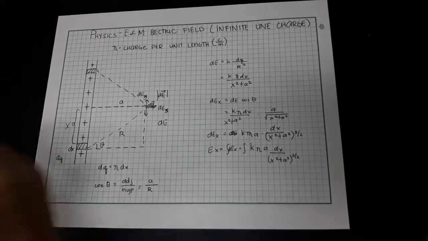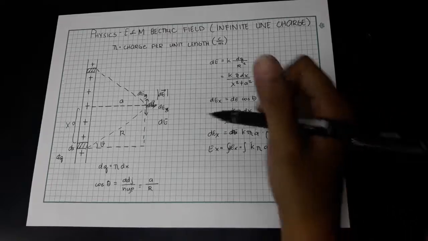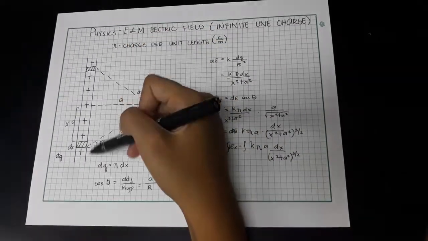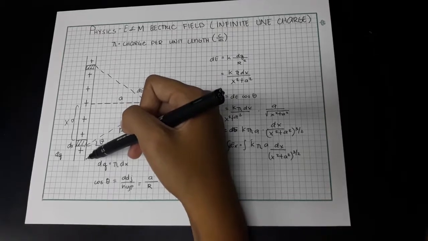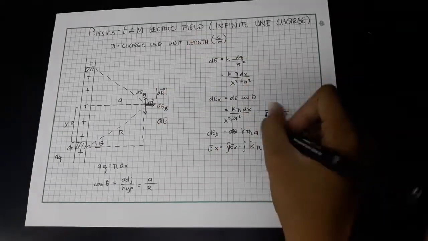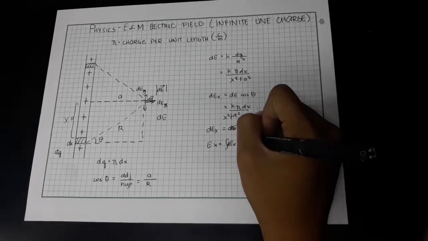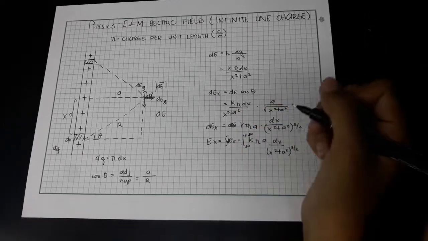By integrating, this location moves into the positive infinity, and this one moves into the negative infinity, so we can go from negative theta to positive theta.